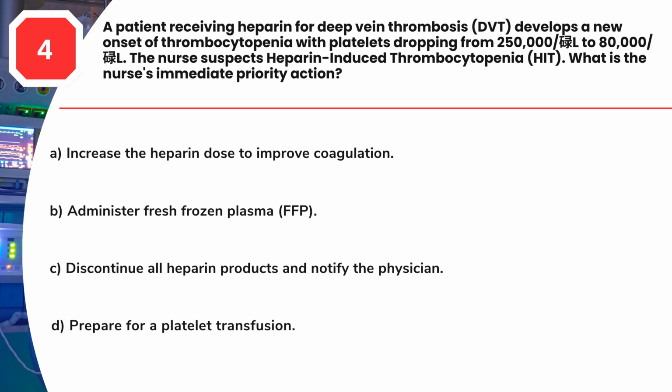Question 4. A patient receiving heparin for deep vein thrombosis, DVT, develops a new onset of thrombocytopenia with platelets dropping from 250,000/µL to 80,000/µL. The nurse suspects heparin-induced thrombocytopenia, HIT. What is the nurse's immediate priority action?